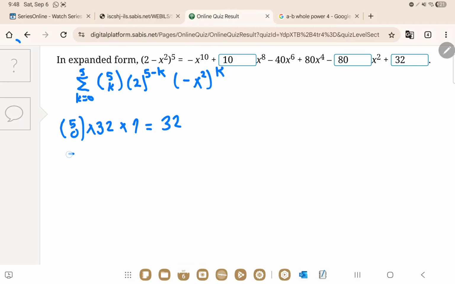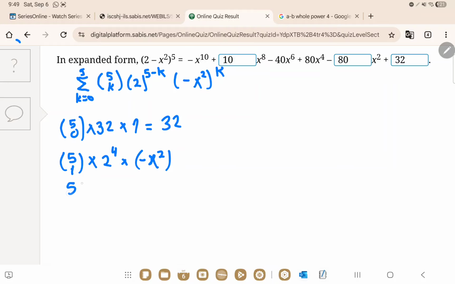Now, 5C1 times 2 to the power of 4 times negative x squared to the power of 1, which is negative x squared. I'm gonna write x's like this now because we need to distinguish between them.